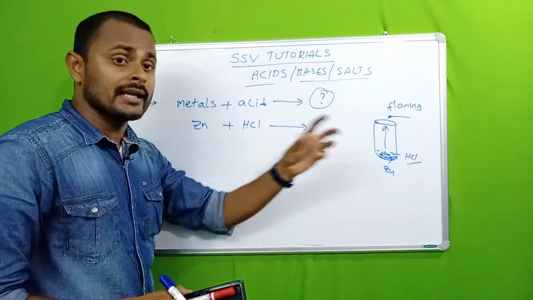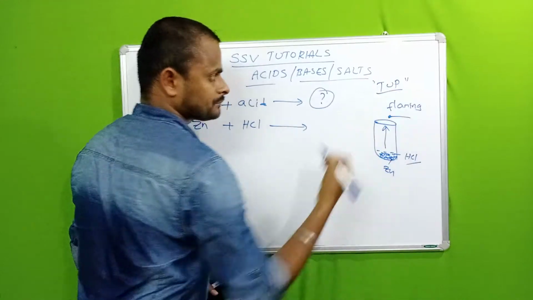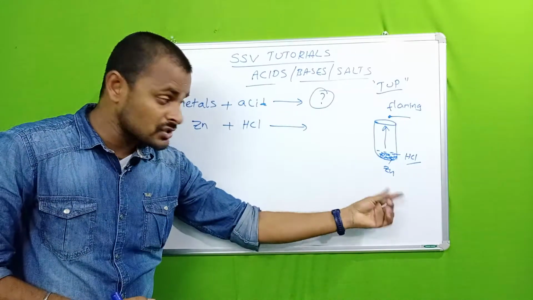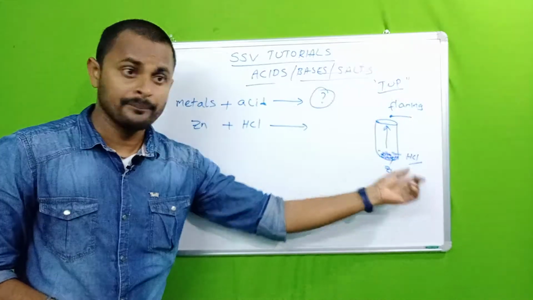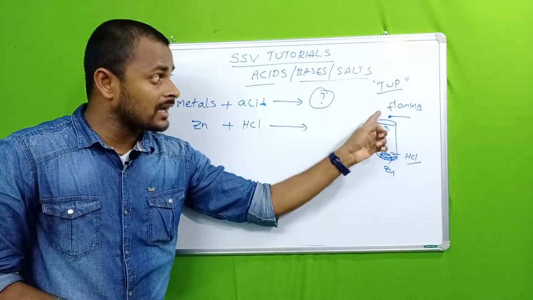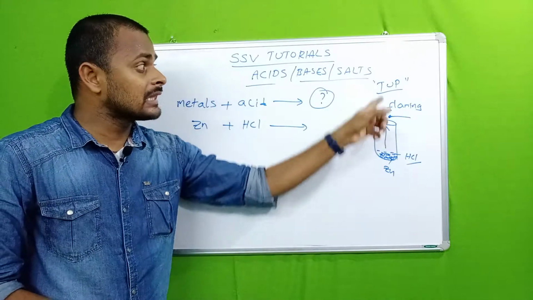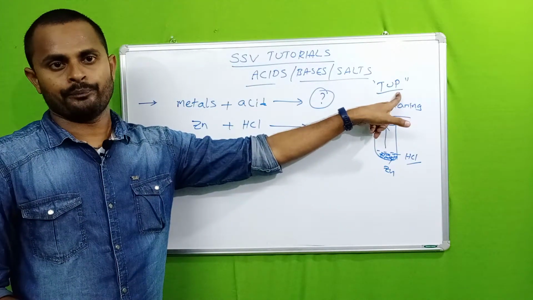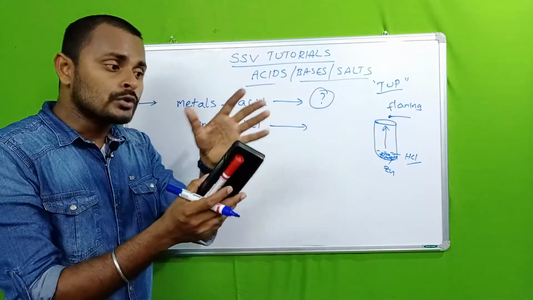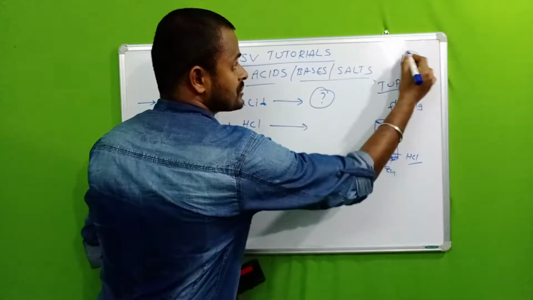The matchstick is put off with the sound of pop. The gas that puts off the flame with a pop sound is called hydrogen.